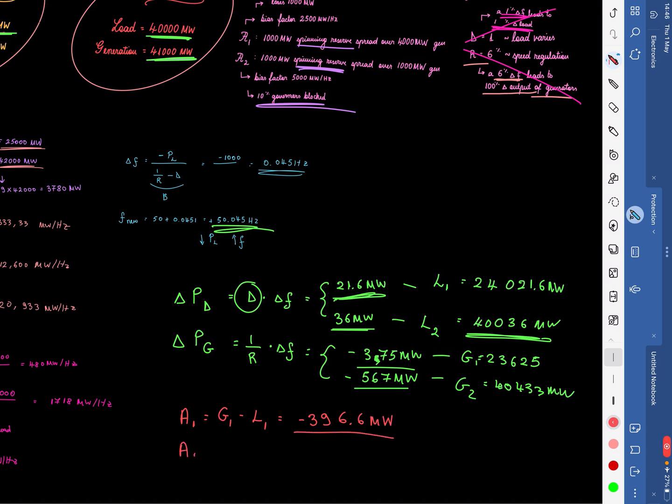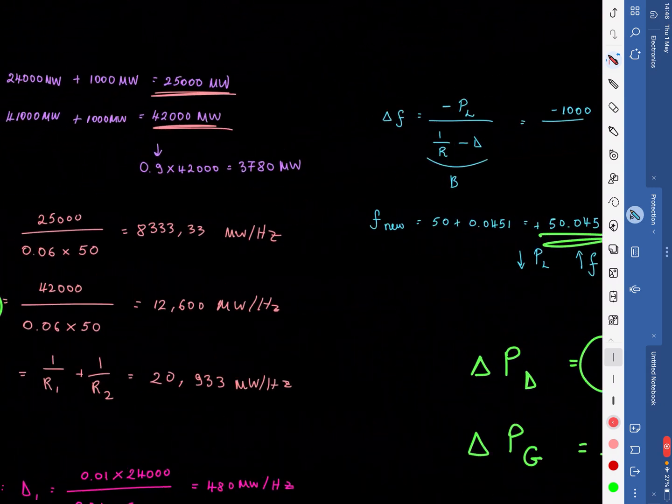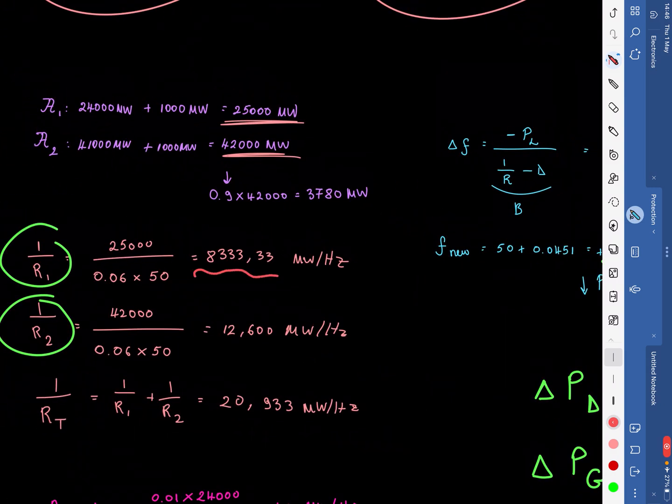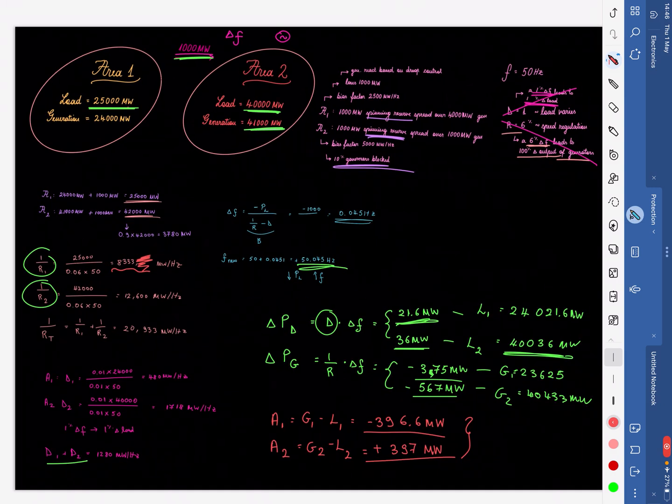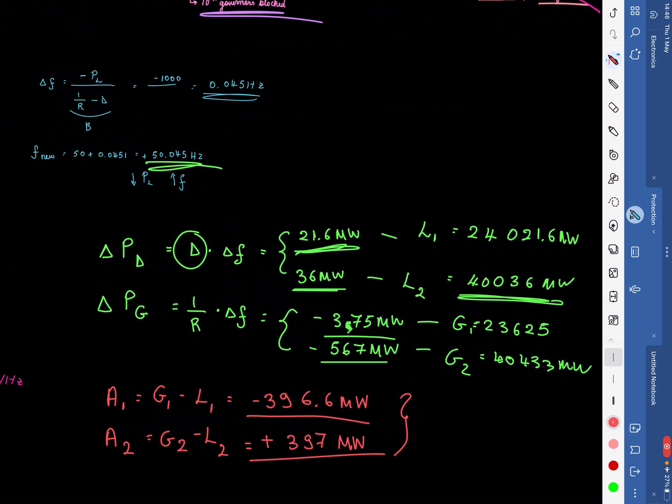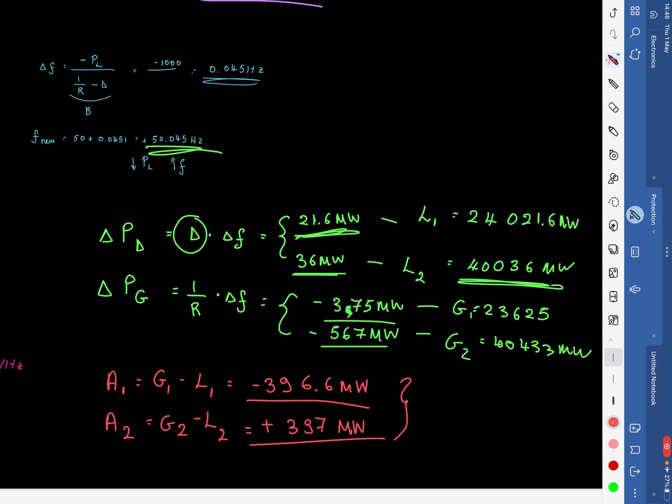And for area 2, generation 2 minus the load at 2 plus 397 megawatts, you have extra. So this should be approximately the same, but we lost some during calculation because of approximations like this. So yeah, this is for tie line losses. You can just subtract them.